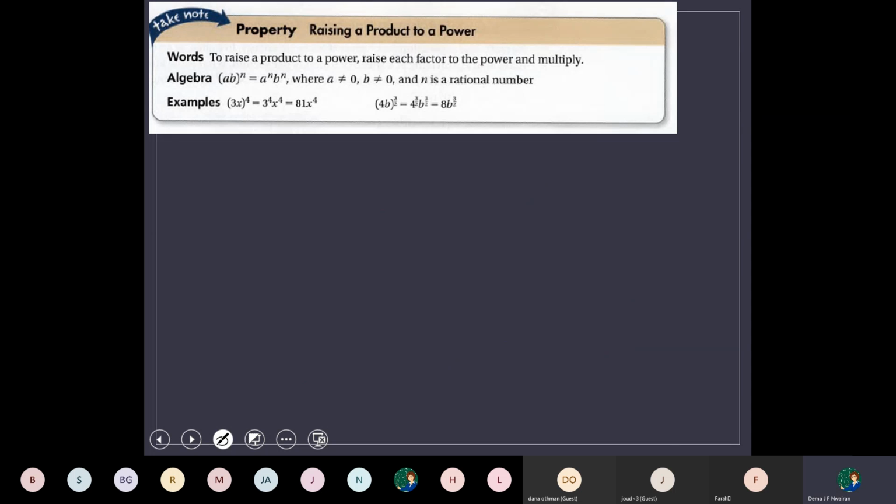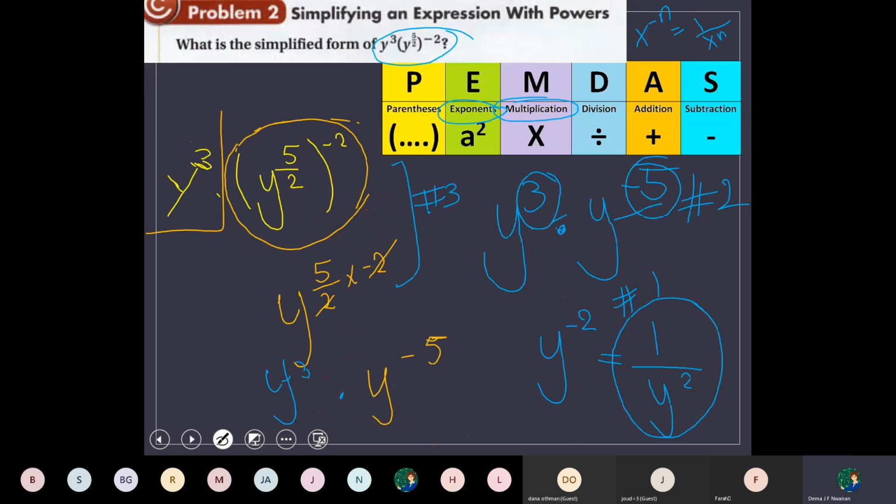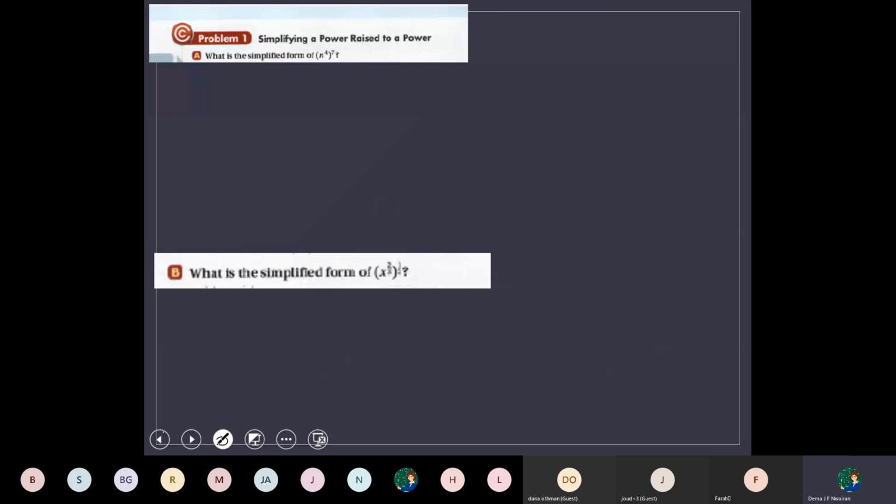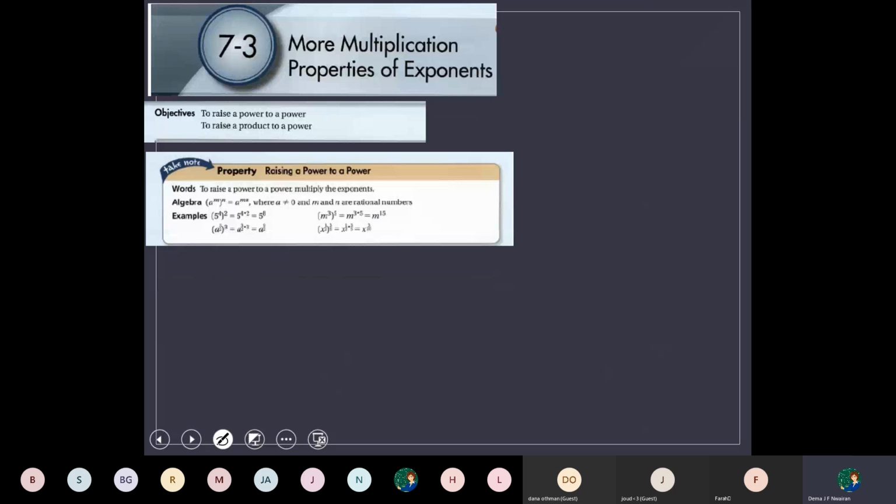Now, raising a product to a power. In the previous problems, we talked about a power raised to a power, like 2 cubed raised to the power 3.